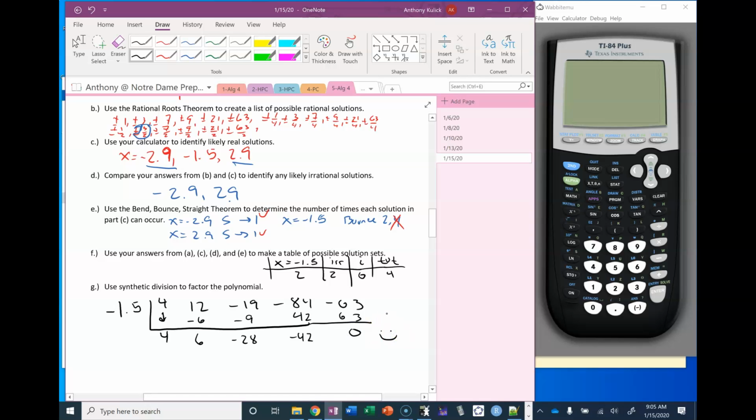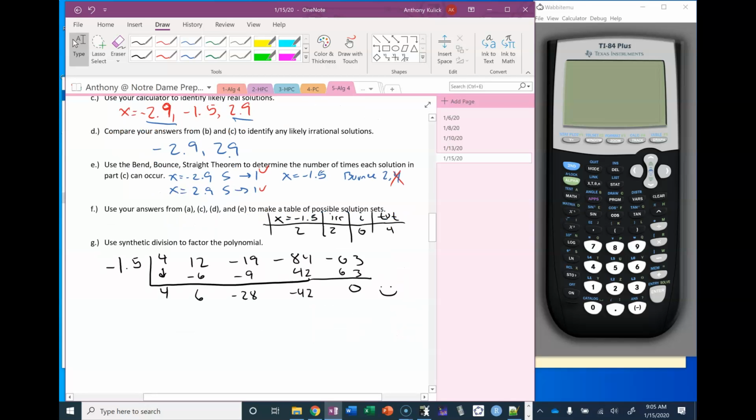So that worked, right? So that's good. And I could try to factor this by grouping here. It looks like it would work, but I'm just going to do 1 more synthetic division because I know I can use negative 1.5 2 times.